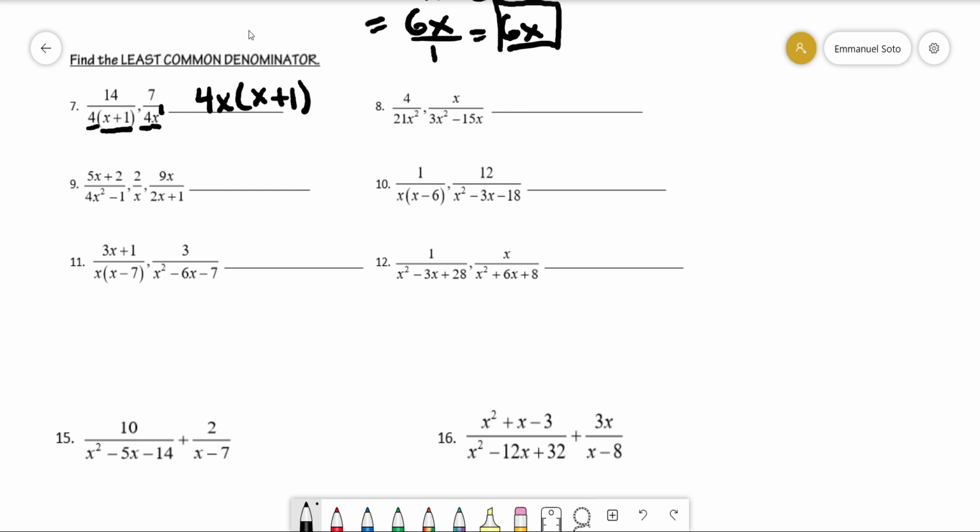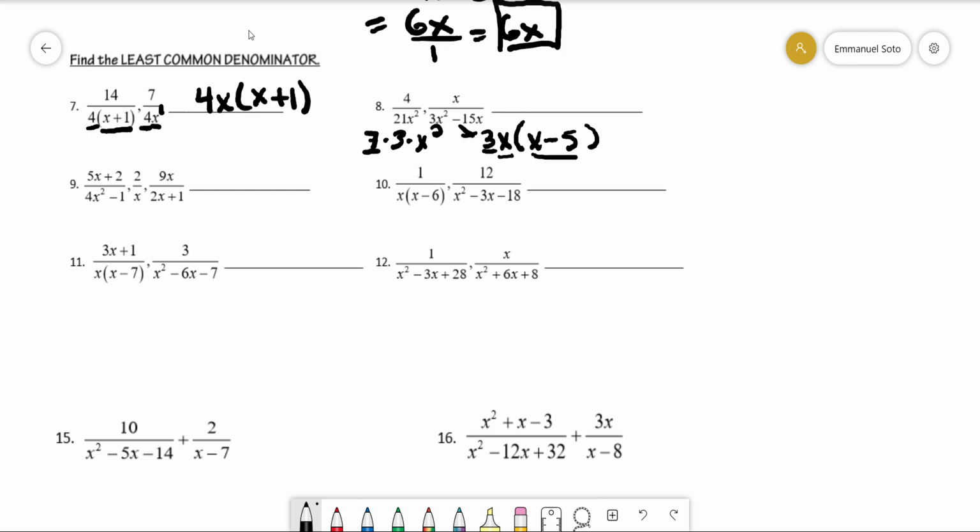Alright, so for this one, we need to factor this. This factors into 7 times 3 times x squared, and then this next one, we can pull out a 3x, and that leaves us with x minus 5. So we got a 3, we got an x, we got 1 x minus 5.